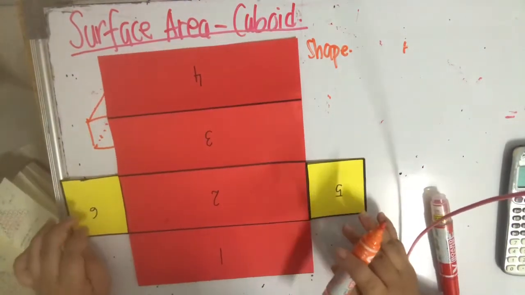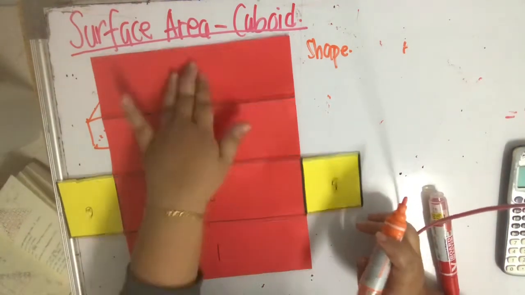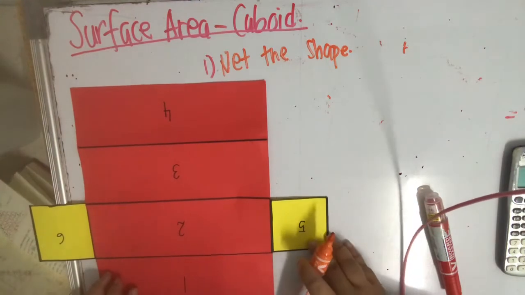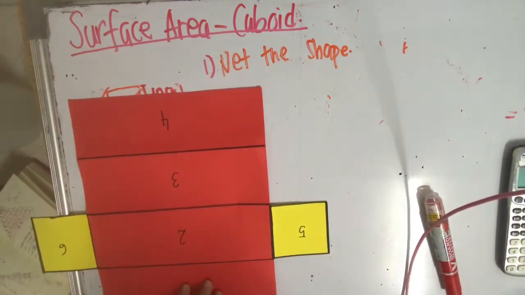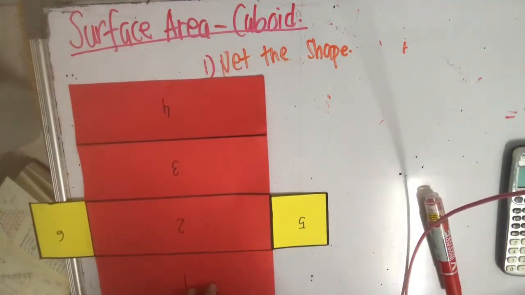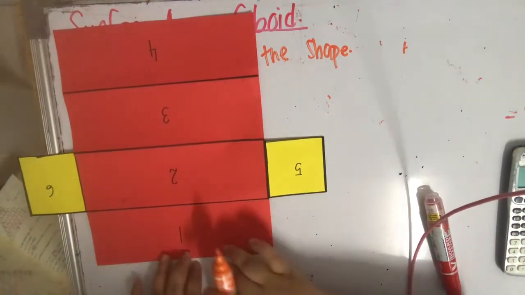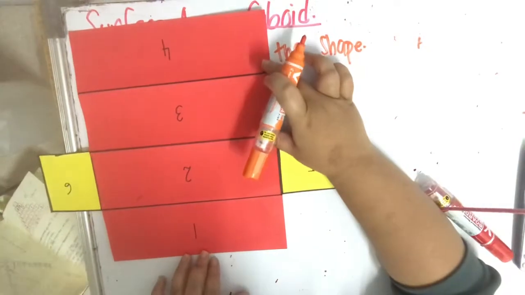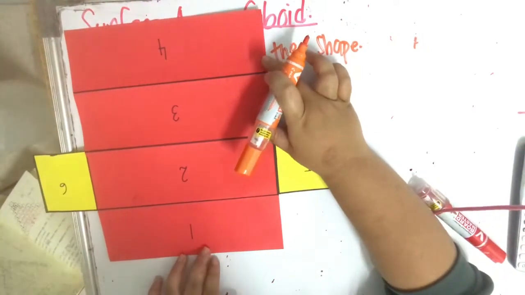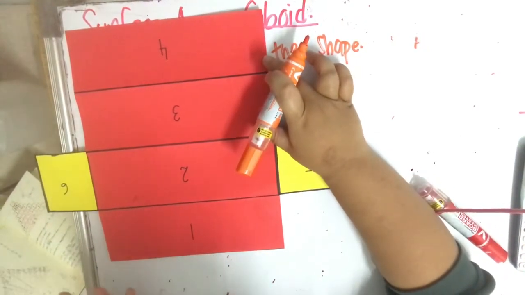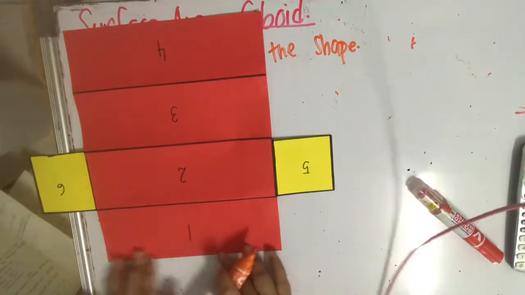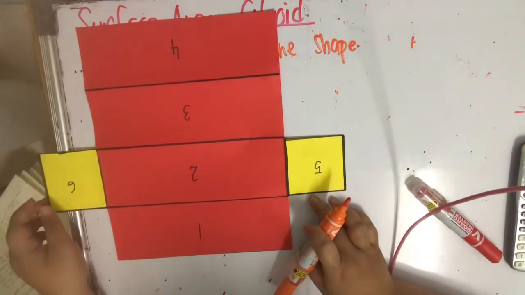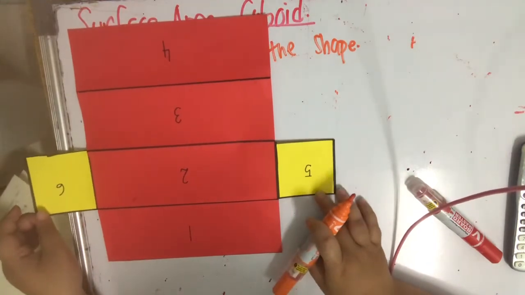Now we have 1, 2, 3, 4, 5 and 6. If you notice, you have 1, 2, 3, 4 equal rectangular surfaces, and then 5 and 6 are square surfaces.